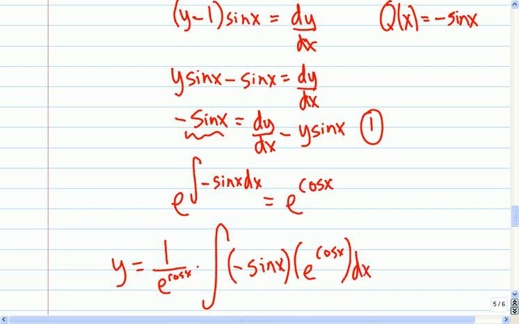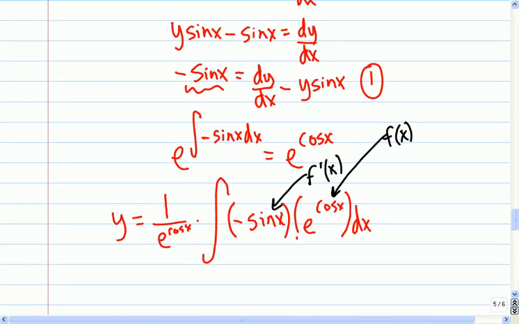dx. And this one's tricky to sort of see at first glance, but you think about it this way. That's my function. That's my derivative. So I know the pattern is present. So we could do a substitution on this, but if you think about it here, this piece has the derivative of the entire thing. E to the cos x has a derivative of e to the cos x times the negative sine.